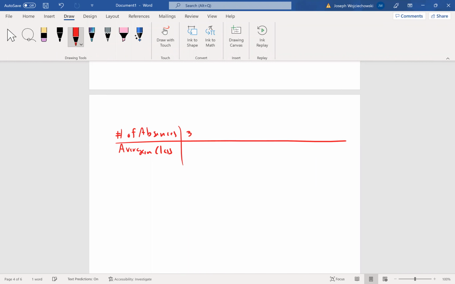We got a 3 and an 88, a 7 and a 67, a 1 and a 96, an 11 and a 62, a 2 and a 90, a 14 and a 56, a 2 and a 97, and a 5 and an 82. So now we have our data.